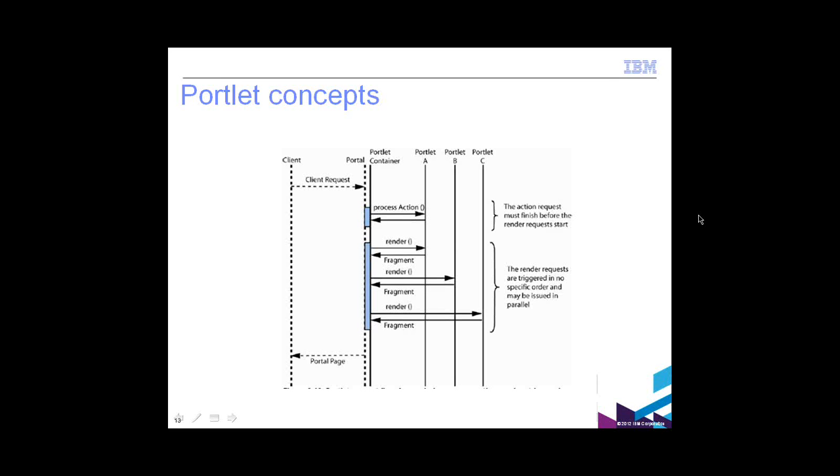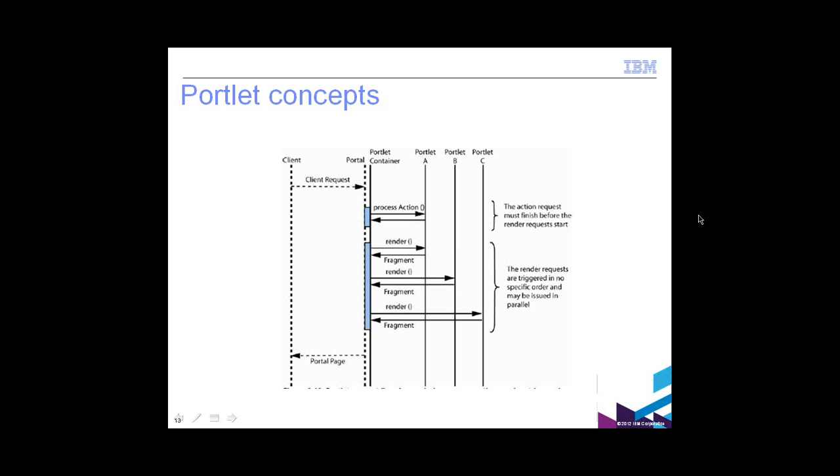Now this is an important concept. The reason why this is done is, consider the example of a travel portal I just mentioned. So for example, I have a portlet A, which is a search box. It has a drop down, let's say, for a country, so I choose India, and a drop down for city, and I choose Delhi, and then hypothetically assume I have a submit button. So I press the submit button. So what happens? The portlet A does some processing.